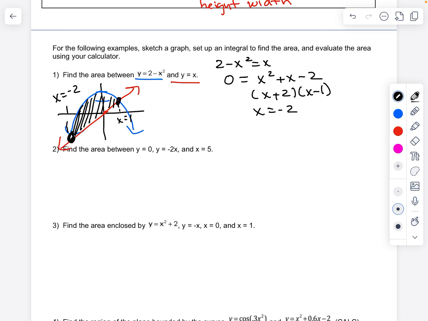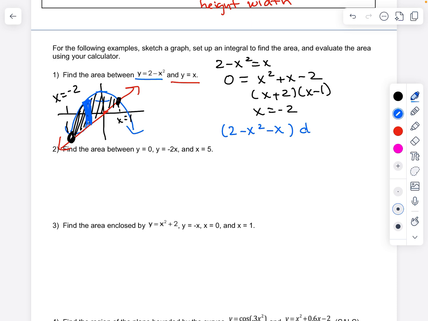Okay, so the idea is if I can find the area of one rectangle inside this region, so here's my rectangle. So notice the height of the rectangle is always the blue minus the red. So the blue would be the parabola minus the red. So this is going to give me the height of this rectangle.